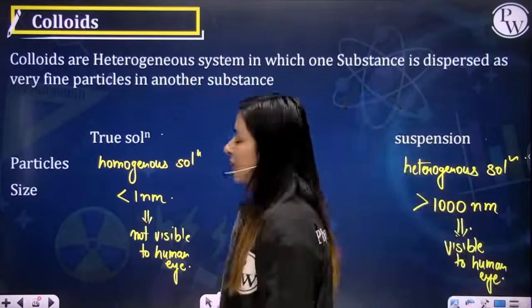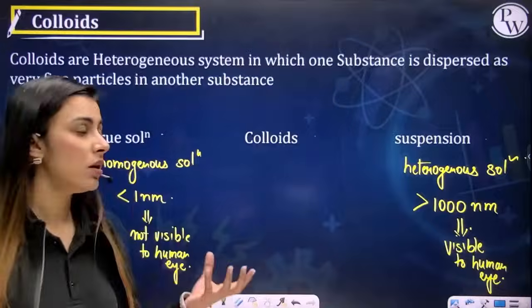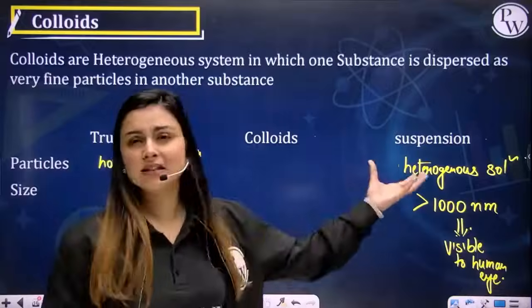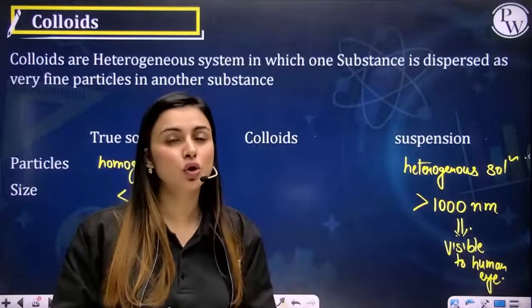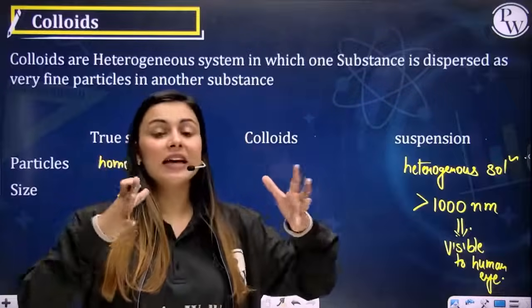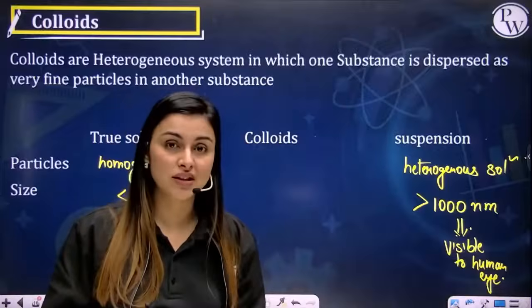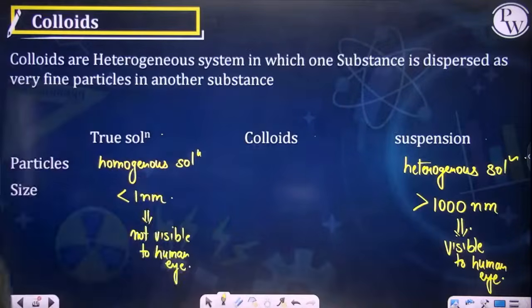Right? Yes, perfect. So this is the difference between a true solution and a suspension, and now we'll be talking about colloids. Colloids actually lie in between these two ranges. Please write it down and then I'll make you write about the colloids as well.